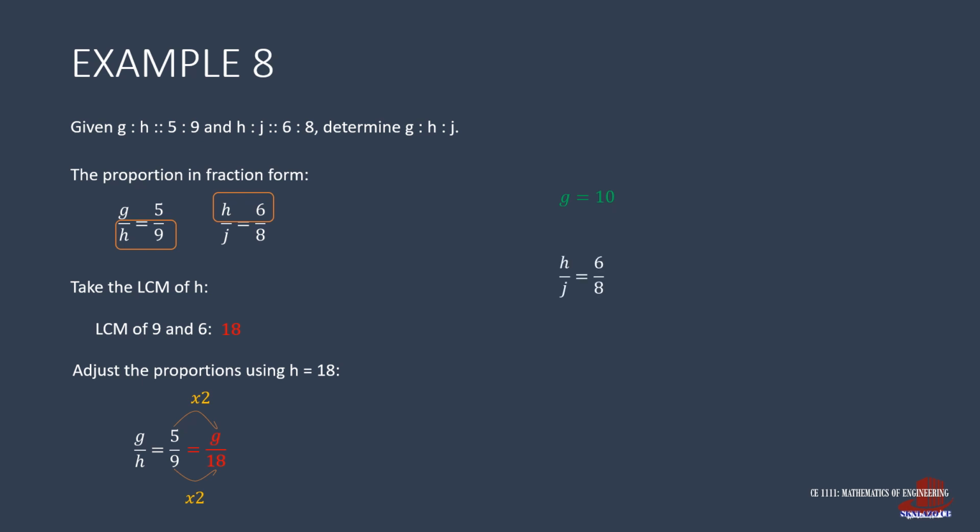The other ratio is originally h over j as 6 over 8, which will be adjusted to 18. 6 is multiplied by 3 to make 18. So the same with j, that's 8 times 3 giving 24. So g is to h is to j as 10 is to 18 is to 24.